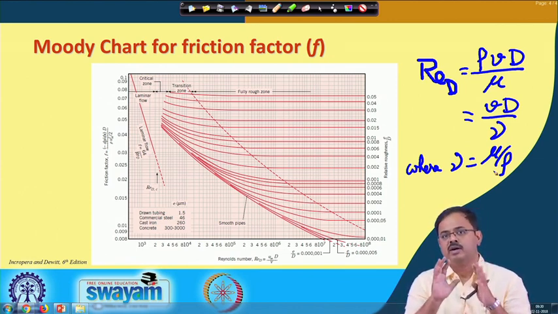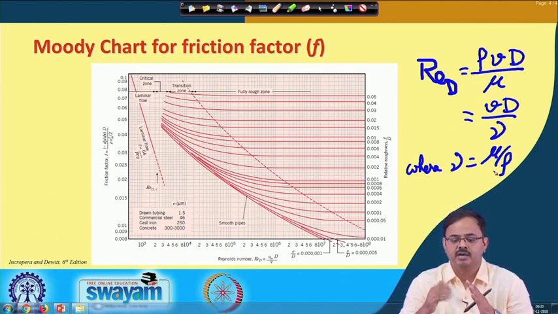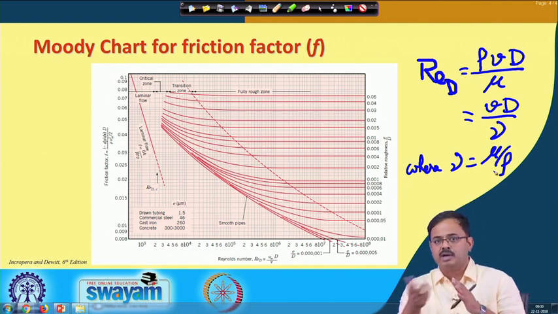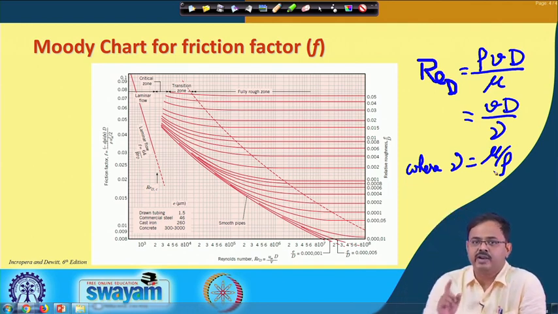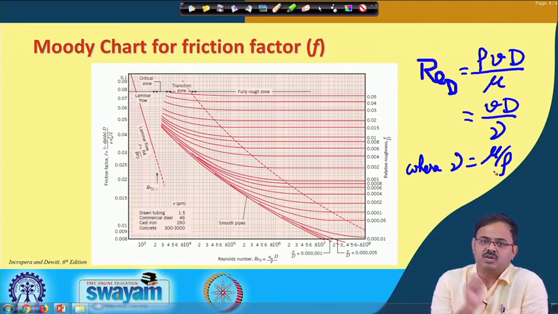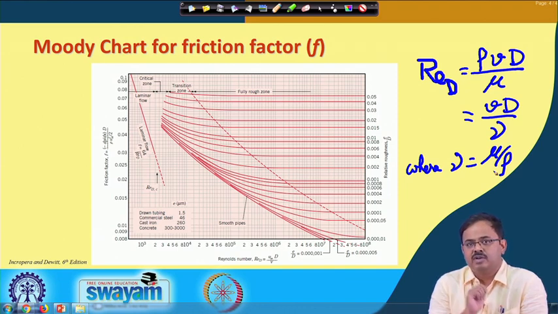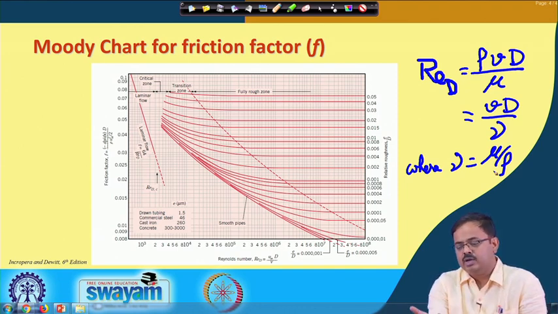If I give you a flow rate, then the first thing for flow through a channel or a pipe or a duct is to find out the mean velocity. And how do I find that? That is the flow rate divided by the cross sectional area. From there we calculate Reynolds number.